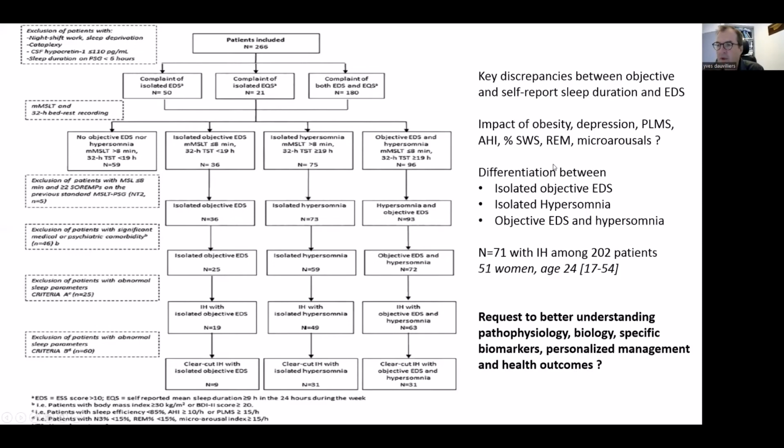And this is to illustrate that there is a key discrepancy between objective and self-reported sleep duration and daytime sleepiness, and we were able to differentiate what is the etiology of isolated objective EDS, isolated hypersomnia, or both problems. And this is required, I do believe, to better understand the pathophysiology, the biology, and to define specific biomarkers to diagnose patients at best and to do personalized medicine.